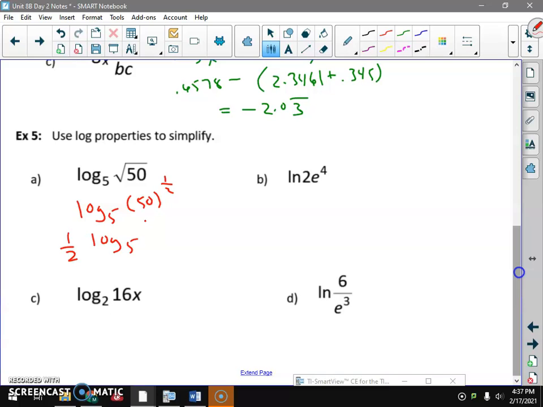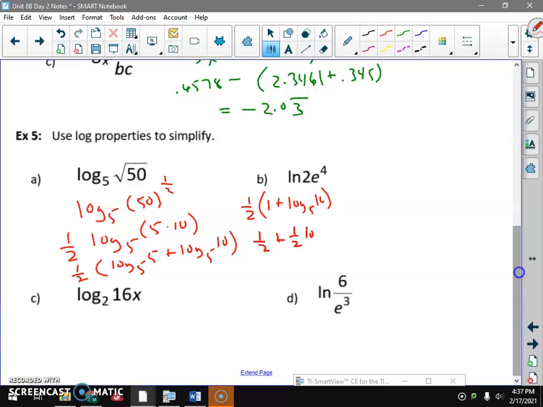We can call 50 5 times 10, which is 1/2 log base 5 of 5 plus log base 5 of 10. 1/2 times 1 plus log base 5 of 10, which is 1/2 plus 1/2 log base 5 of 10.